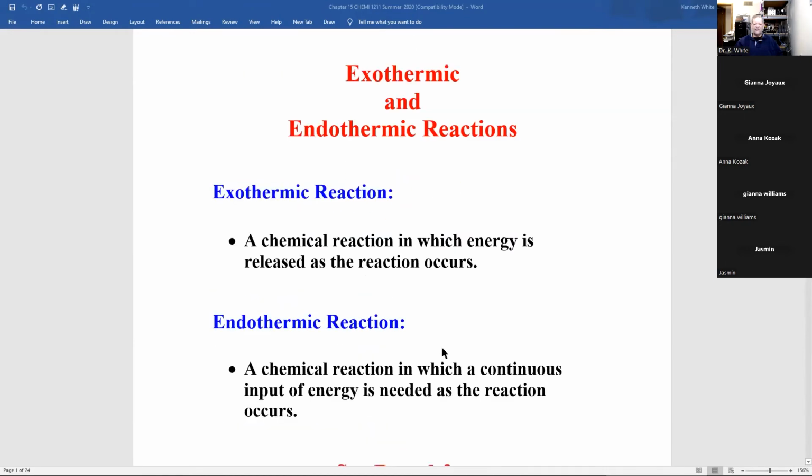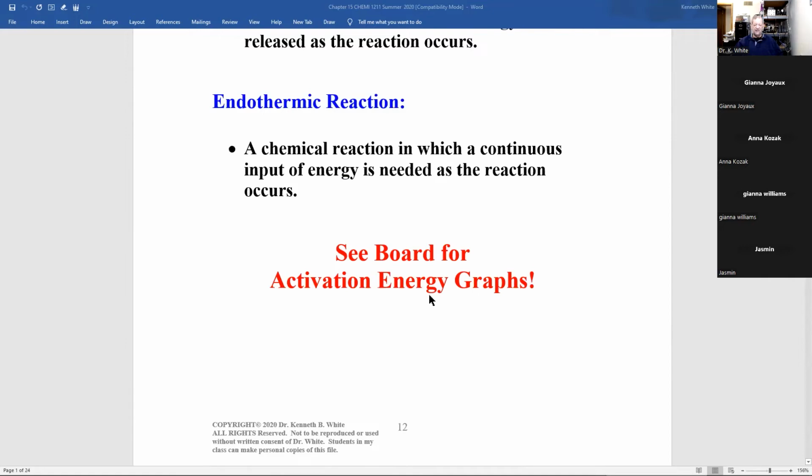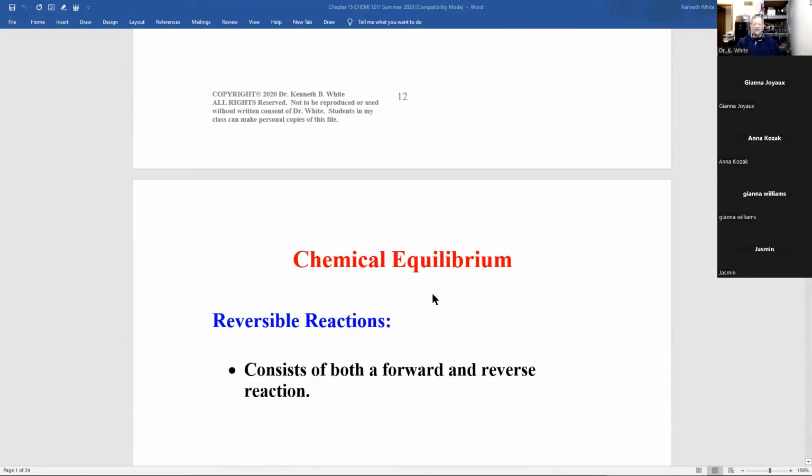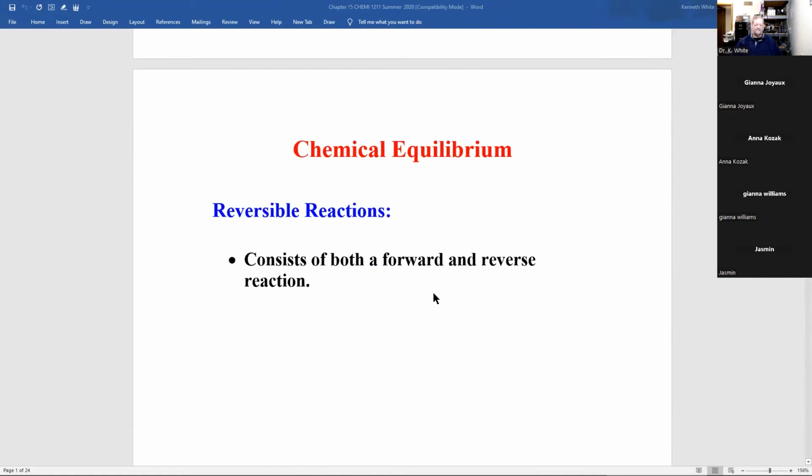I talked last week about exothermic and endothermic reactions, and I talked about the energy diagram for these. So let's move on.